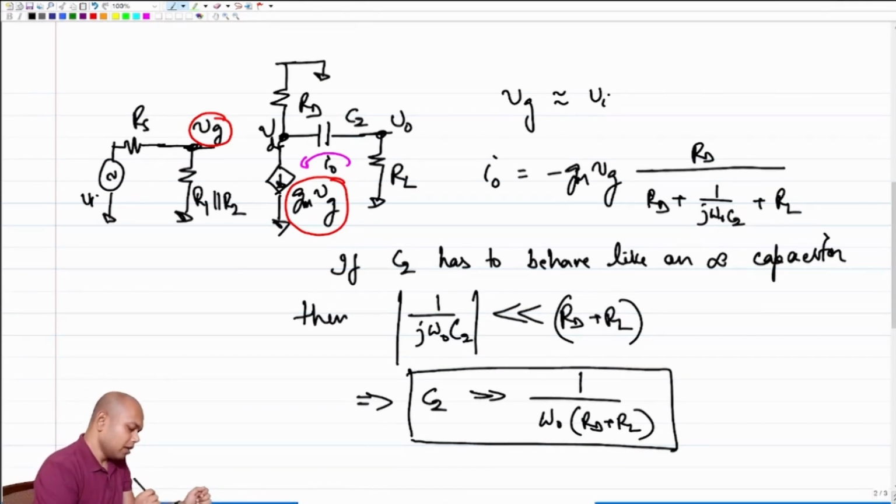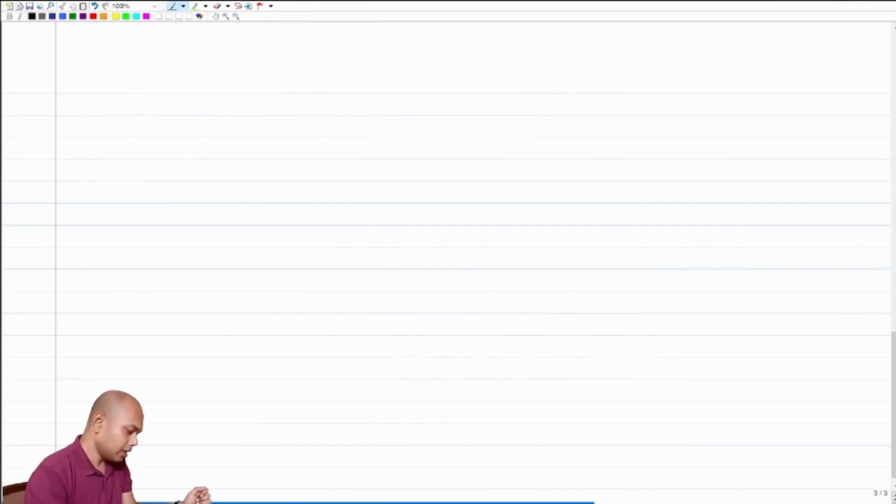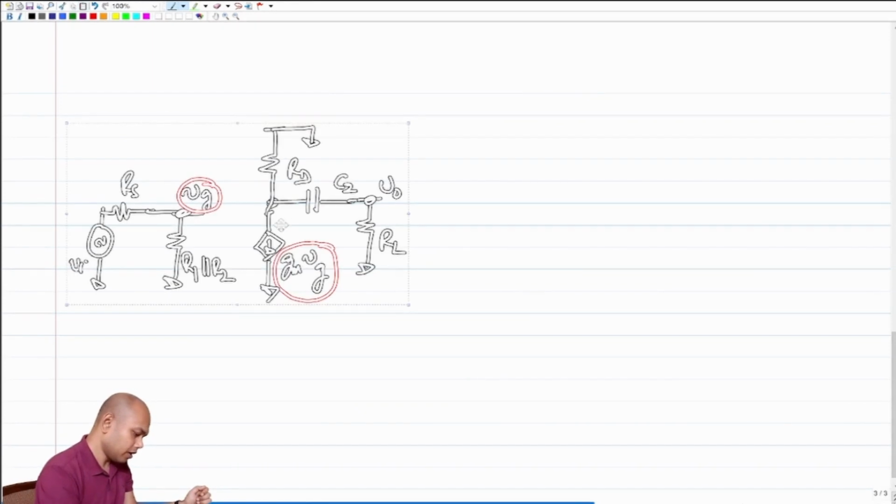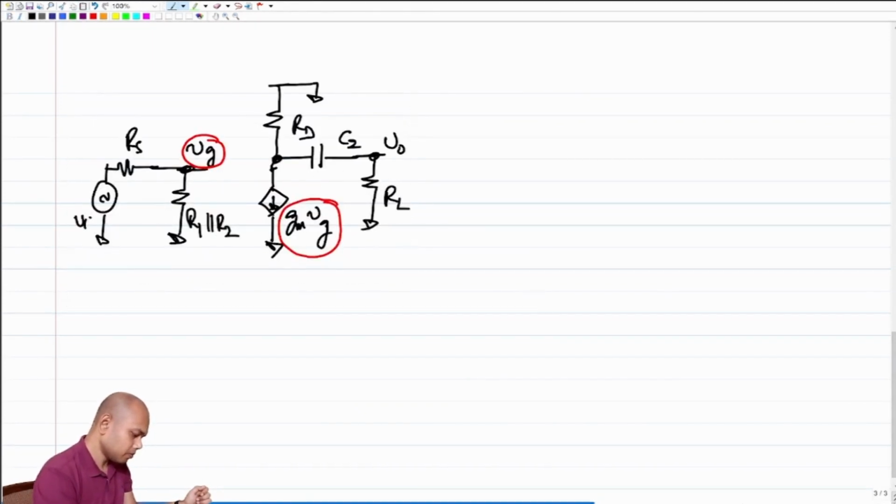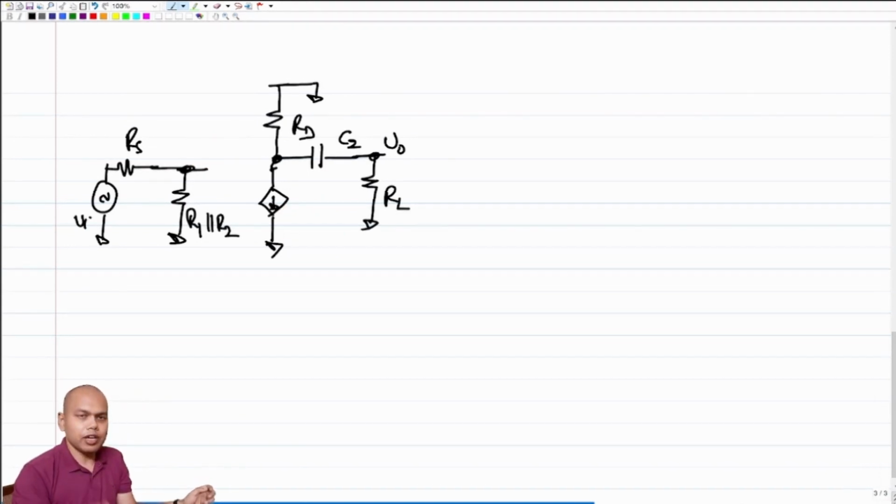We saw that if we look at only the time constant of the network, or if we need to figure out a constraint on the value of a certain capacitance, all we need to do is to find out what is the Thevenin impedance the capacitor is seeing, right? If I sit on the capacitor and I see what Thevenin impedance it is seeing, then I will be good, right?